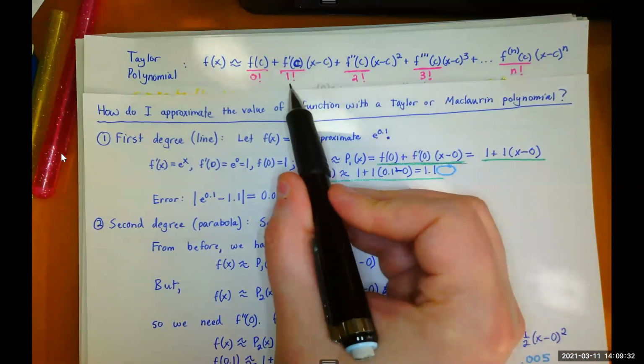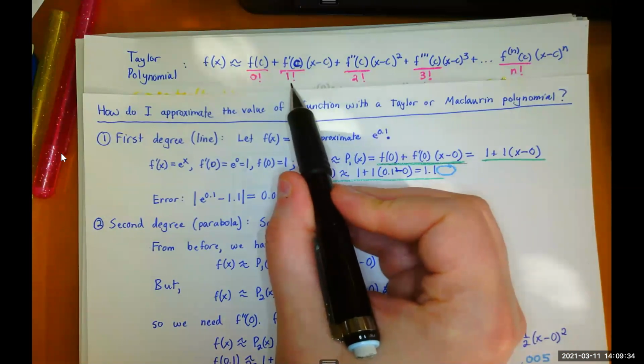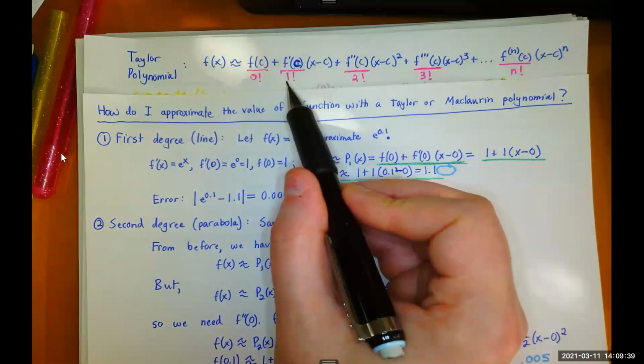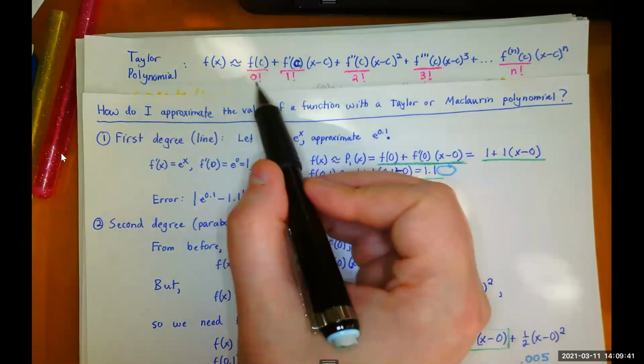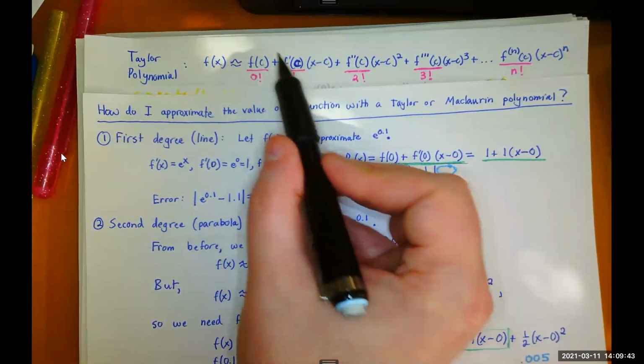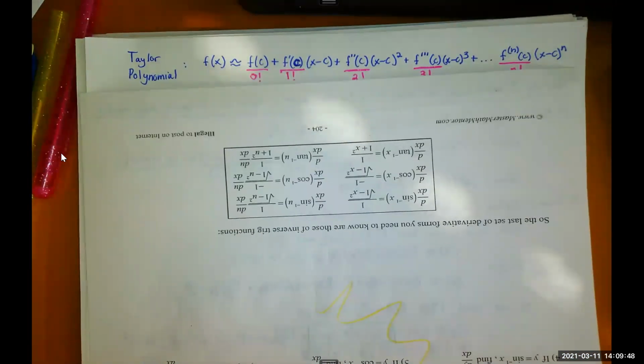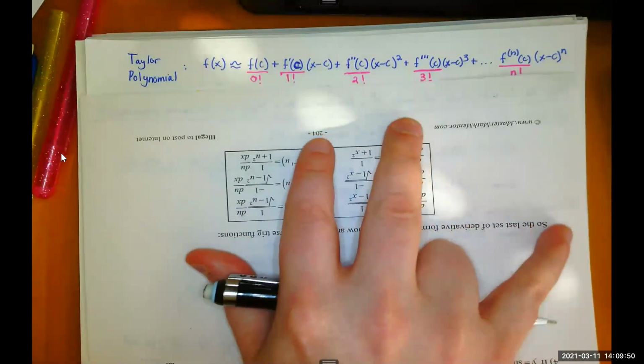Similarly, we could have for the first degree term a 1 factorial, which is 1, which is why you don't see it in the formula, and a 0 factorial for the 0 degree term, because that is also 1.